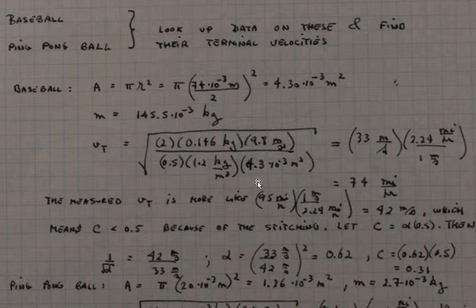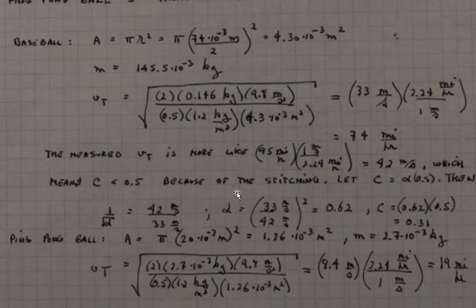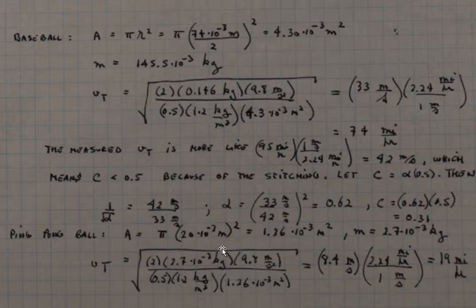miles per hour. Interesting. So the ping pong ball has a diameter of 40 millimeters, radius of 20. And so the cross-sectional area is 1.26 times 10 to the minus 3 square meters. The mass is 27 grams, 27 times 10 to the minus 3 kilograms.